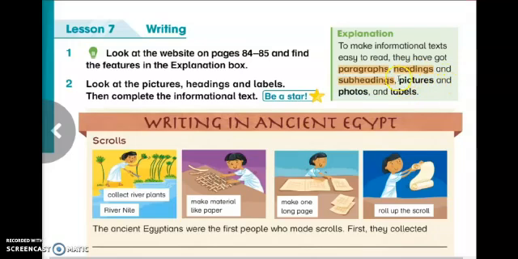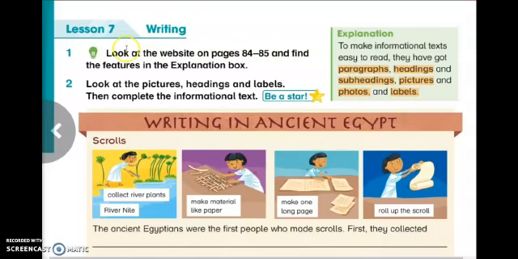Also pictures and photos, and labels. So these are the features for informational text. Let us repeat them. Paragraphs, headings, subheadings, pictures and photos, and labels.